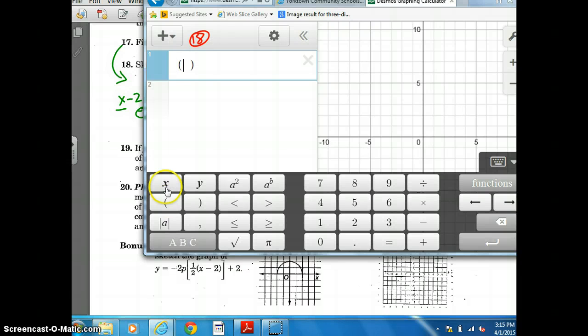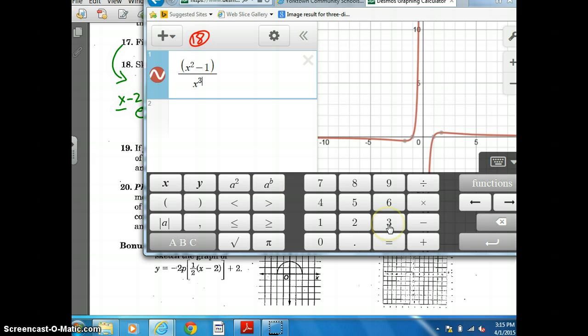The numerator is x squared minus 1. And the denominator is x cubed minus x squared minus 12x.